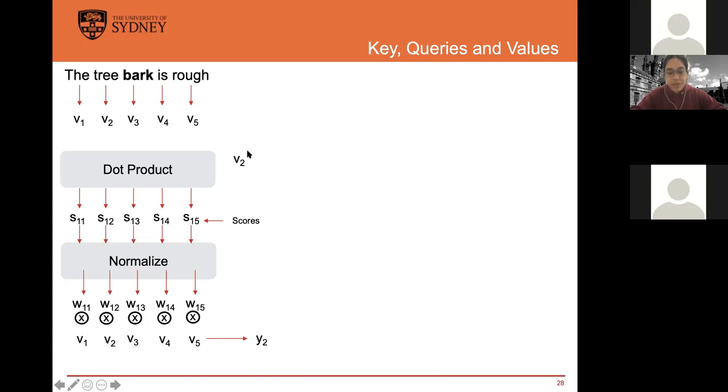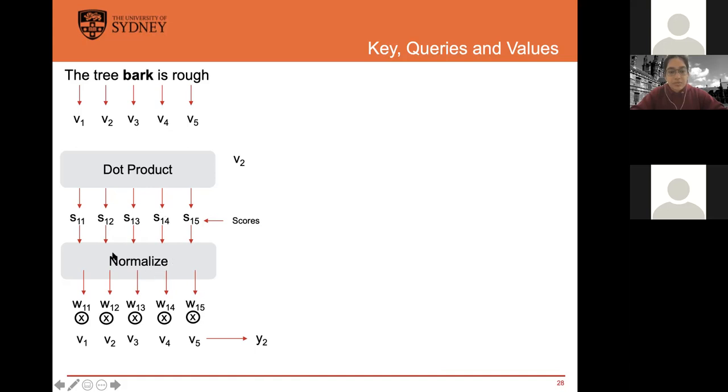For example, if we are looking at this word v2, we do some dot product operation and calculate scores. Sorry, these should be S21, S22. My bad, this should be the scores for vector 2. I think you're following what I'm trying to say here, right?